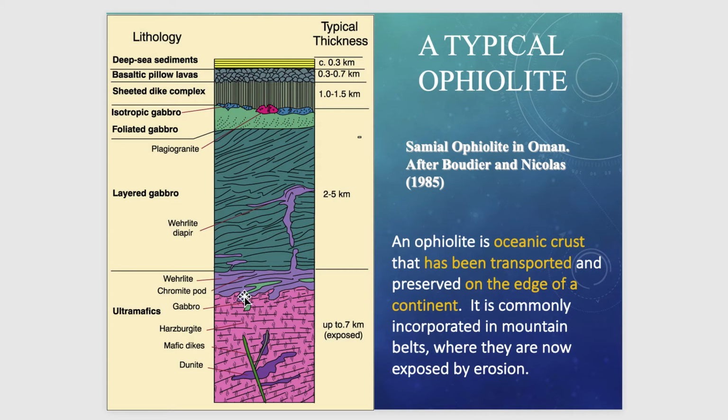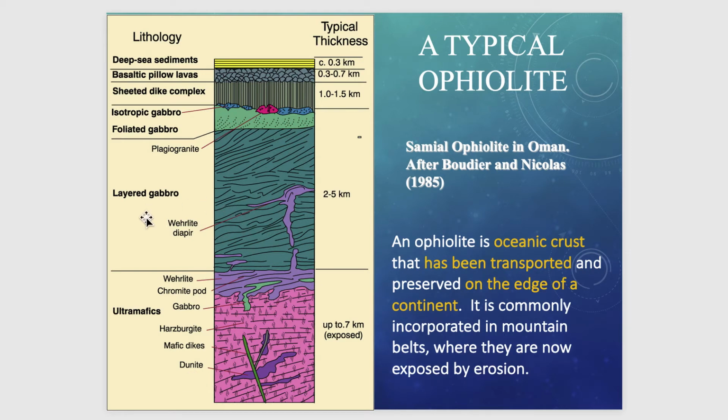Other things, you can see diapirism, so you straight away understand that a change in composition will lead to a change in density. So you have dikes that develop, and so you form a diapirism associated with this wehrlite pod. And this will also influence the structure we observe.